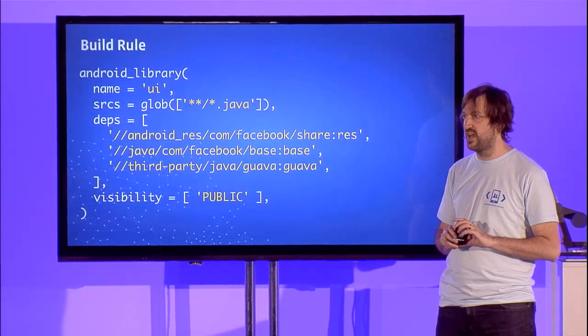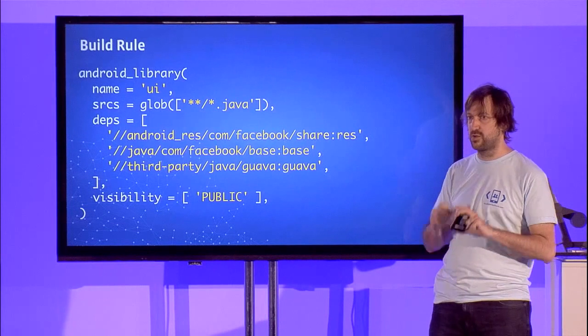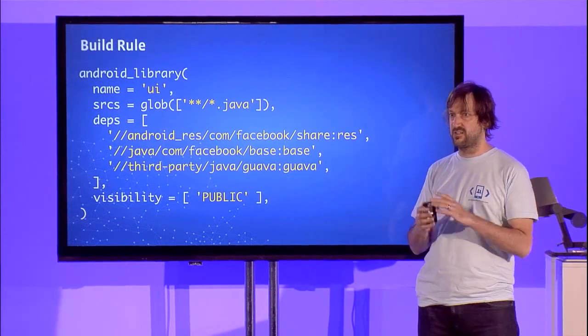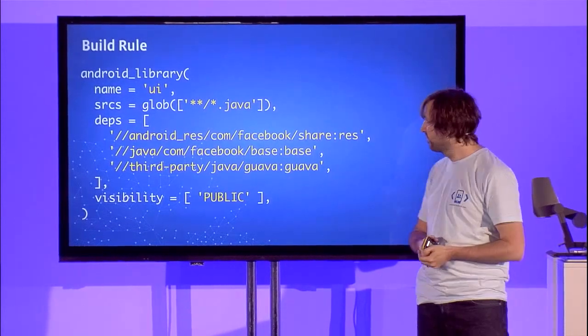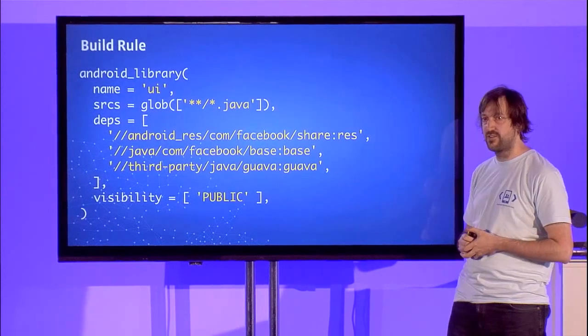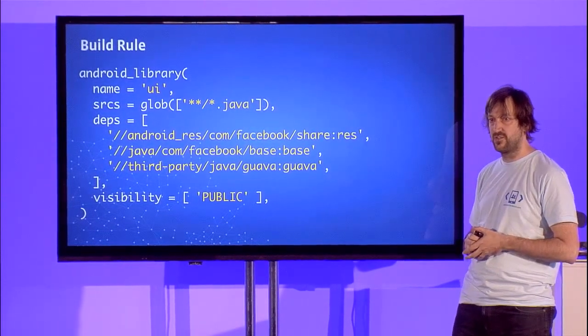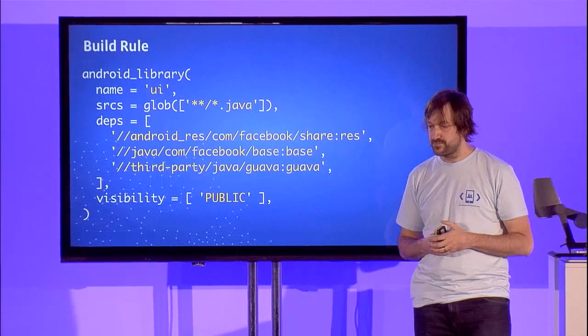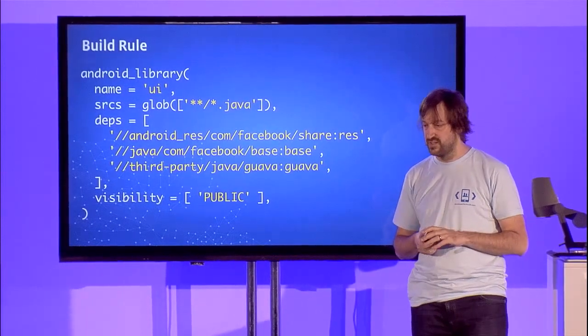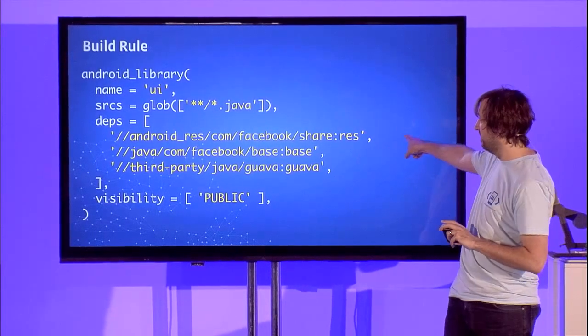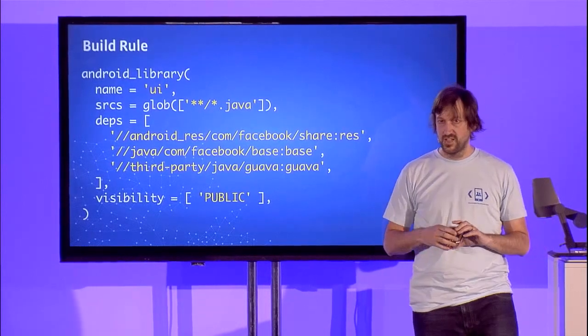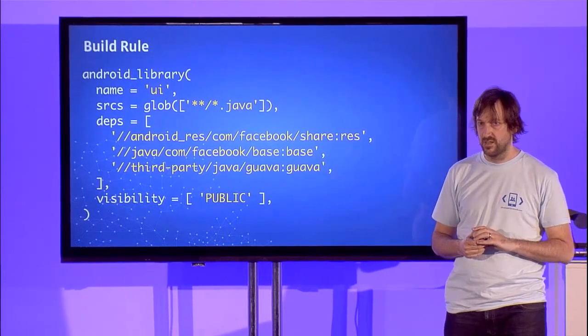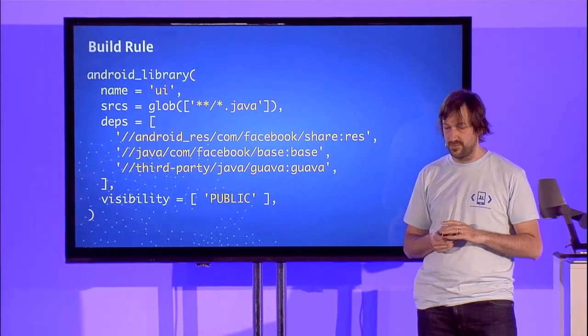If you've used Ant, you sometimes see people going glob from ***, and it'll just eat everything, right? This is from the directory in which the Buck file resides. So everything from there and below. So we pick up all the Java files. As you can see, we've got dependencies using that build target specification, which we just talked about.